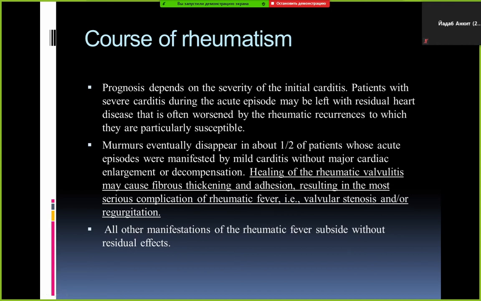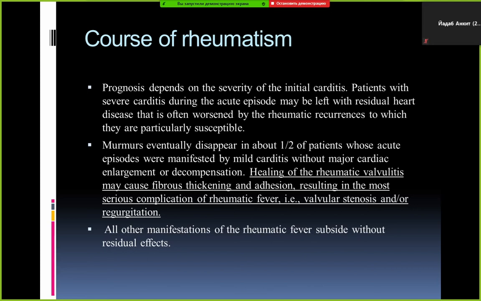Prognosis of acute rheumatic fever depends on the severity of the initial carditis. Patients with severe carditis during the acute episode may be left with residual heart disease that is often worsened by the rheumatic recurrences to which they are particularly susceptible. Murmurs eventually disappear in about half of patients whose acute episodes were manifested by mild carditis without major cardiac enlargement or decompensation.